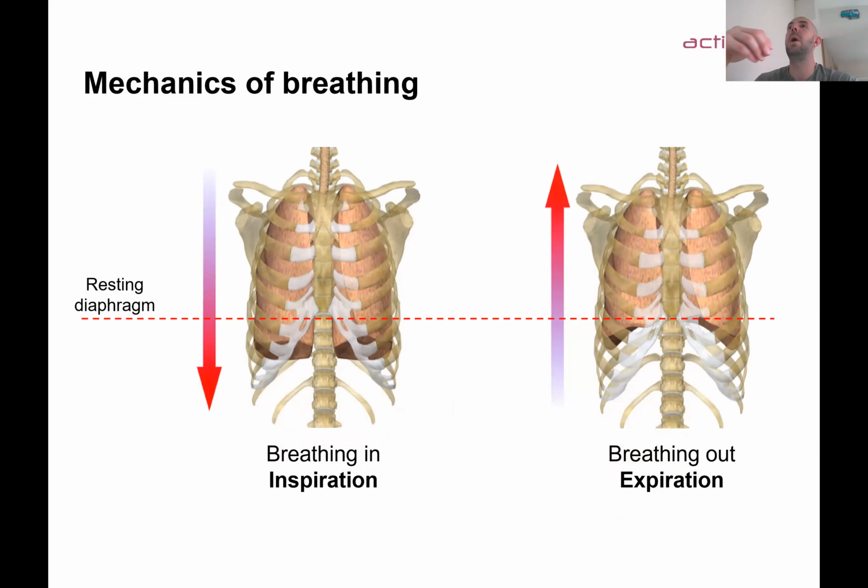When we breathe in, the diaphragm pulls down and it inflates the lungs. Our rib cage expands, and we can do forced breathing by using our intercostal muscles to help expand the rib cage. Then when we breathe out, the diaphragm relaxes and goes back up towards the resting diaphragm line, and that helps push the air out.